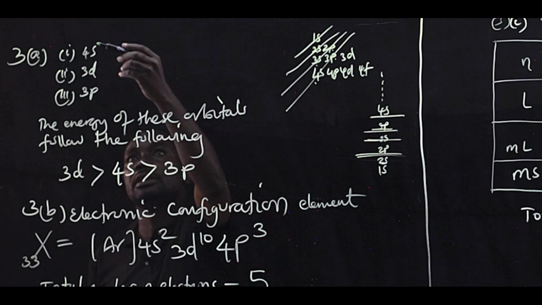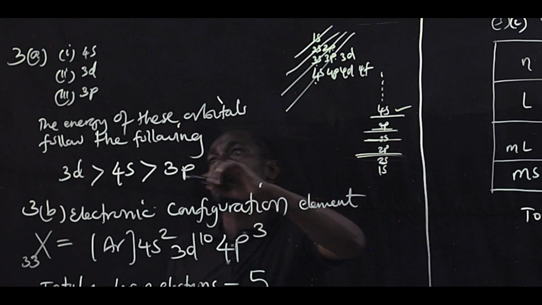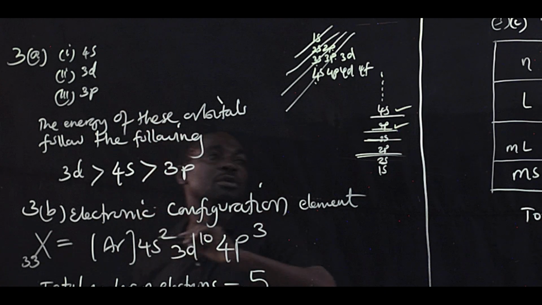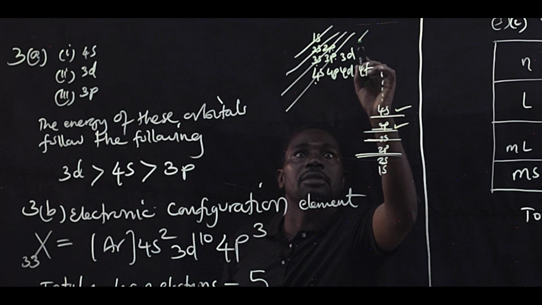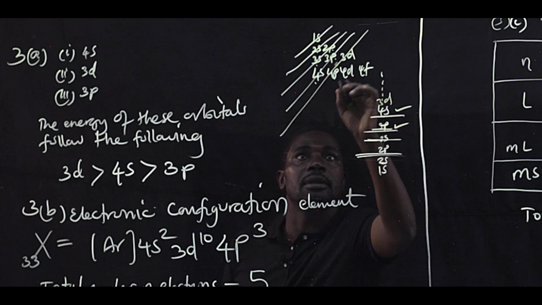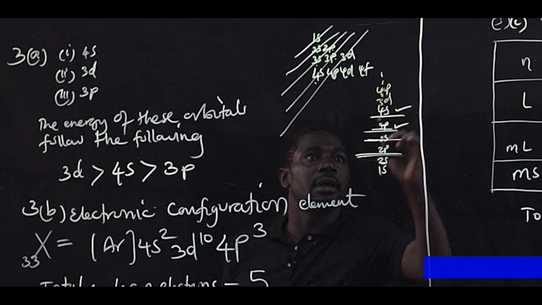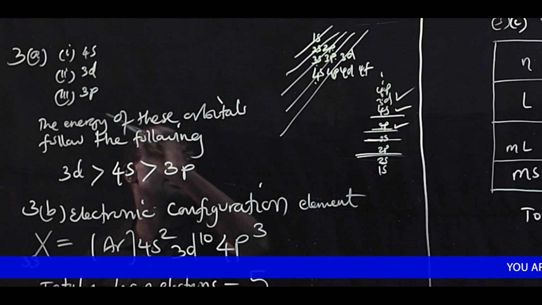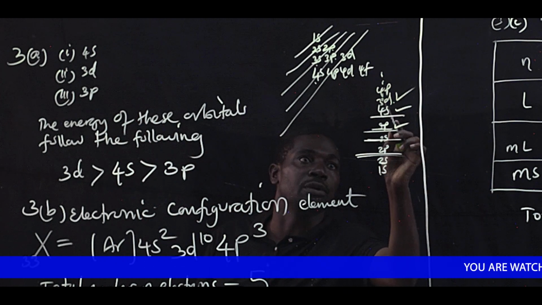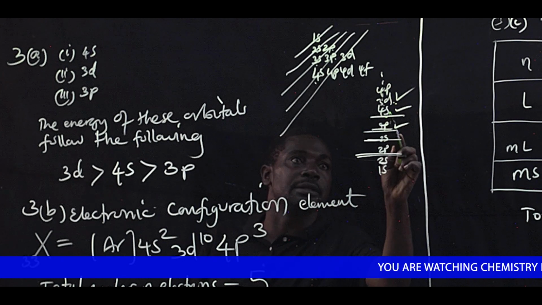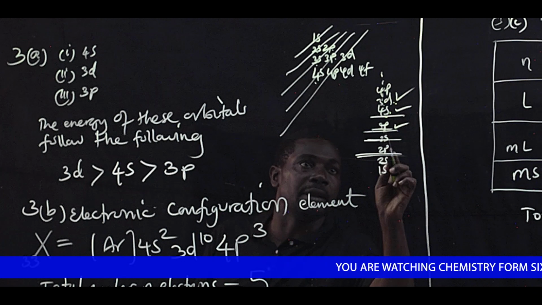So from the given orbitals, there is 4s, there is 3p, and we are supposed to include the 3d. So 3d should be written after 4s, 3d, then 4p. Then 3d indicates a subshell of higher energy than 4s, and 4s is higher than 3p.